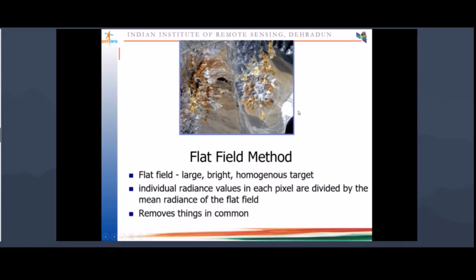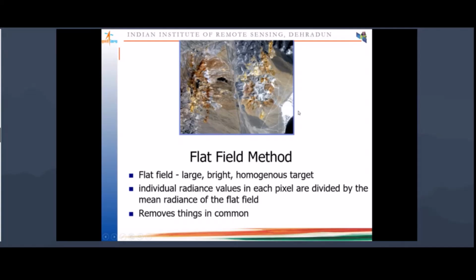However, still we can consider them to have nearly similar spectral reflectance over time. That is why we call them pseudo-invariant features, PIF. So if you have such features in two of your images, let's say I have image number 1 taken at timestamp number 1 and image number 2 taken at timestamp number 2.